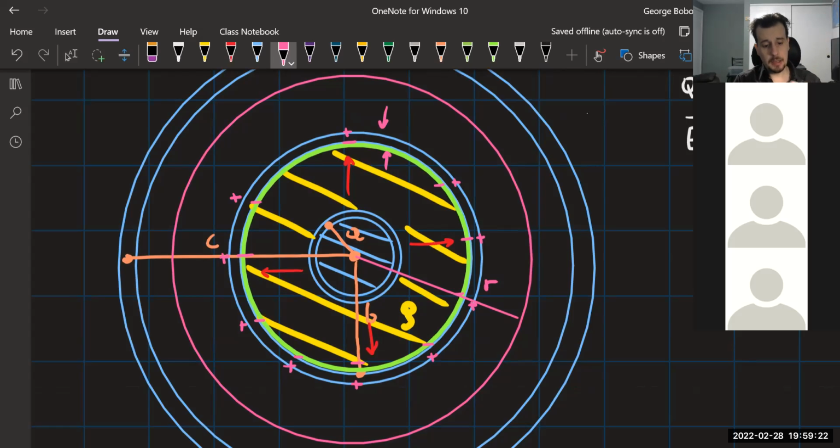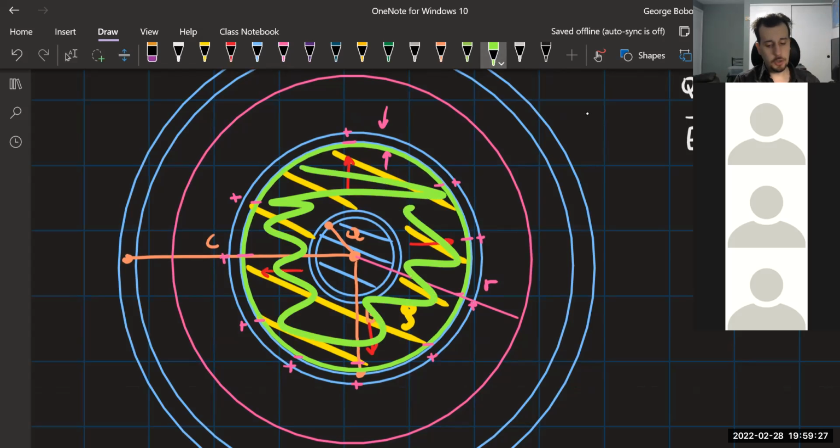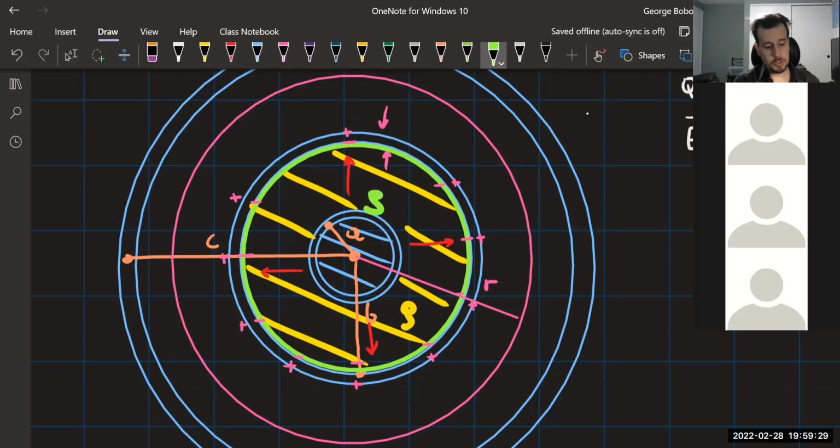My hint, if you want to hear my hint: the total charge that is in here is going to be some value, rho times the volume of this area. So we're going to have some Q from this rho as a total, like in the insulator. Let's call that charge Q that's in the insulator total. Who wants to pick it up? What do you think?